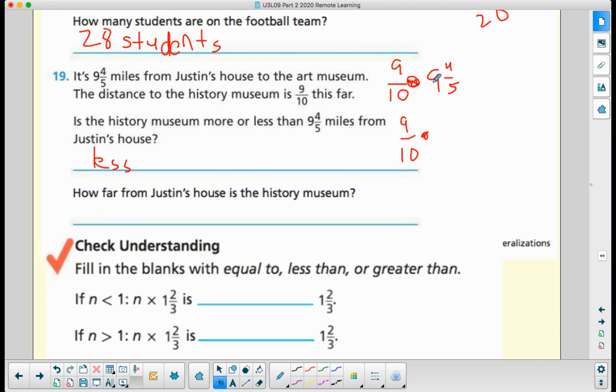So 9 wholes is 45/5 plus 4 more make 49/5. Ooh, might have been a bad idea, Mr. Springer. 9 multiplied by 49. Well, 9 multiplied by 50 is 450. So 9 multiplied by 49 is 9 multiplied by 50, 450, subtract 9.